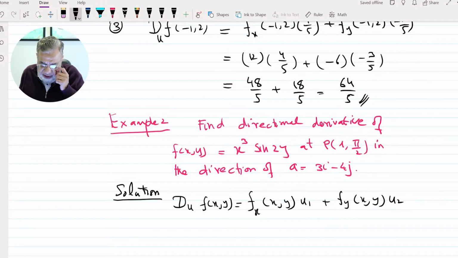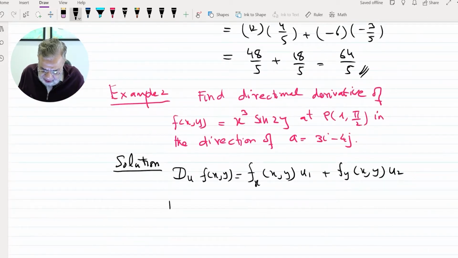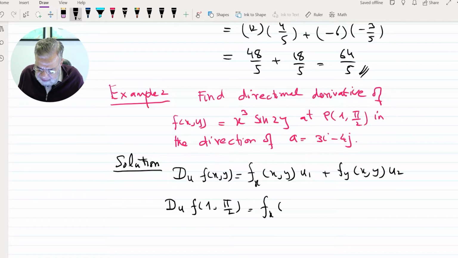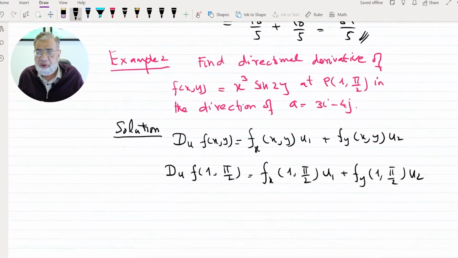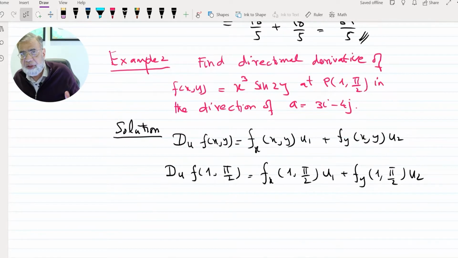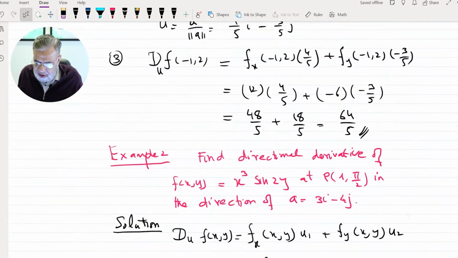So I want to find it at the point (1, pi/2), so we can write the directional derivative of the function at the point, x equal to 1, y is pi by 2, f of x (1, pi/2) u1 plus f of y (1, pi/2) u2. So I find the partial derivatives of the function at the point (1, pi/2), find the unit vector and substitute in this equation, and we get the result.